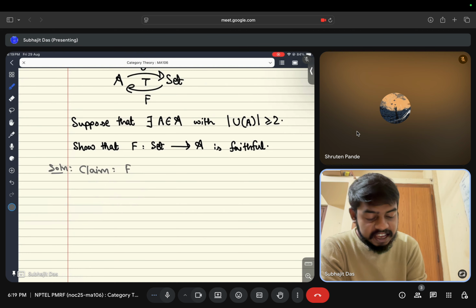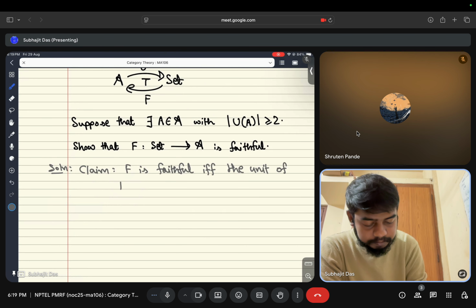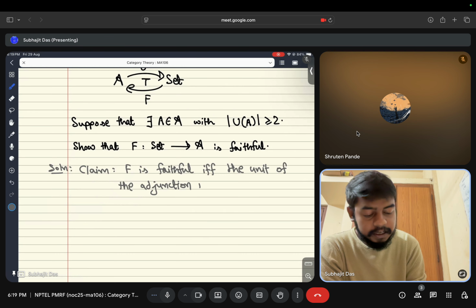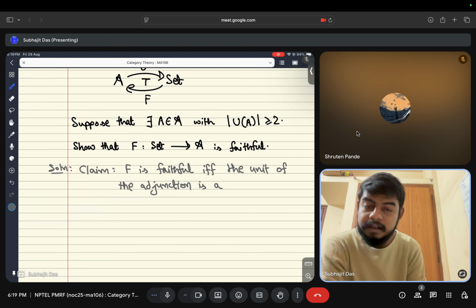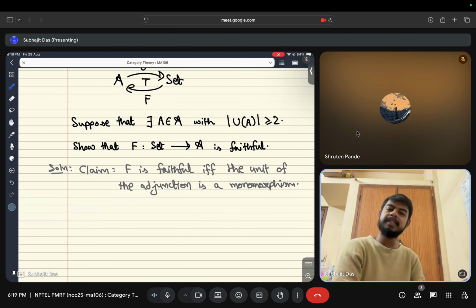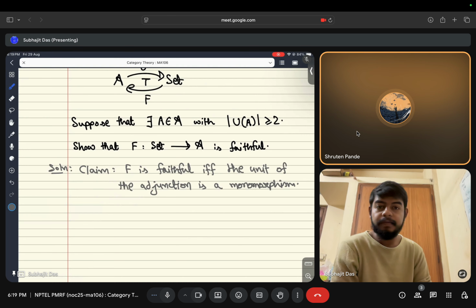So the claim is F is faithful if and only if the unit of the adjunction is a monomorphism. Have you seen this week? Yes, sir. Okay, you have.